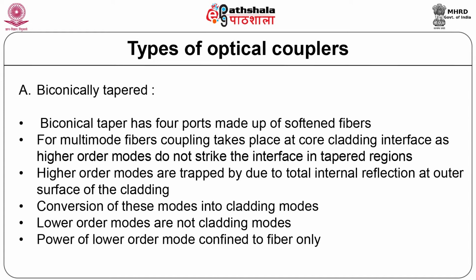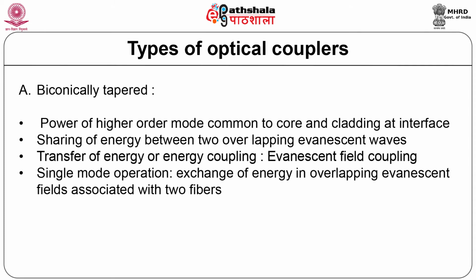It is observed that the central cladding is common to both the cores, and hence the power from the higher order input modes becomes common to both the fibers. Thus, the output tapers of the coupler convert the cladding modes back into the core.